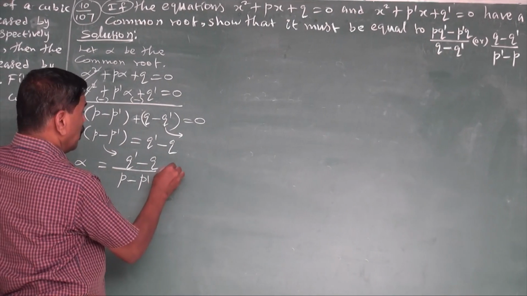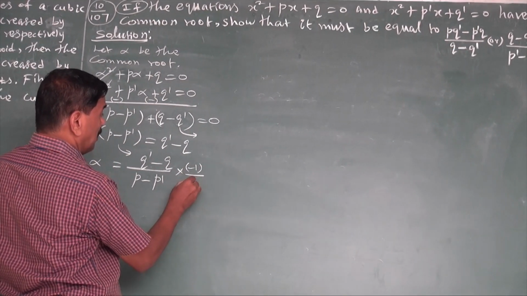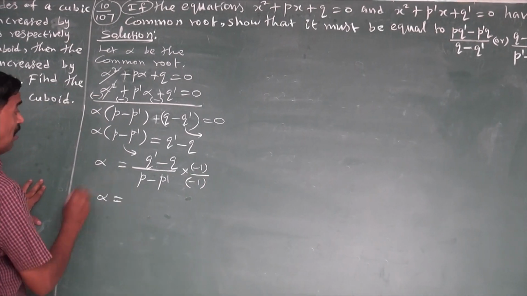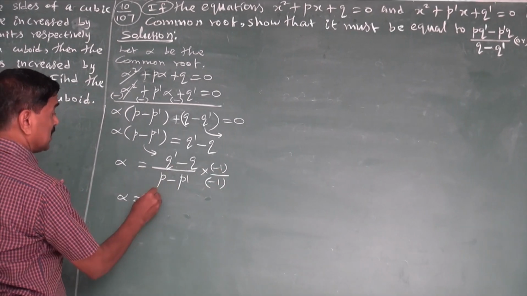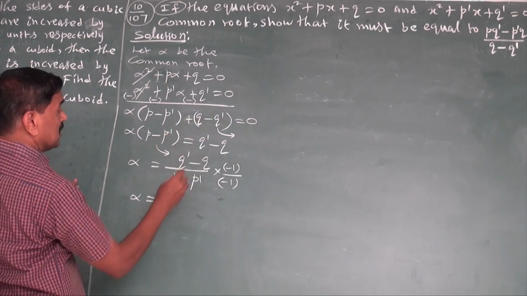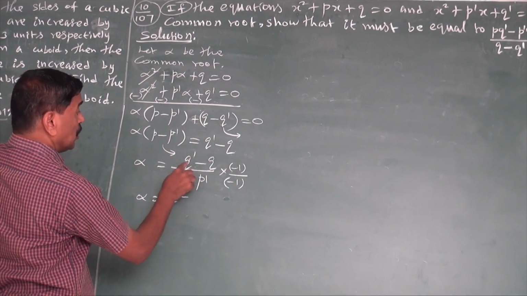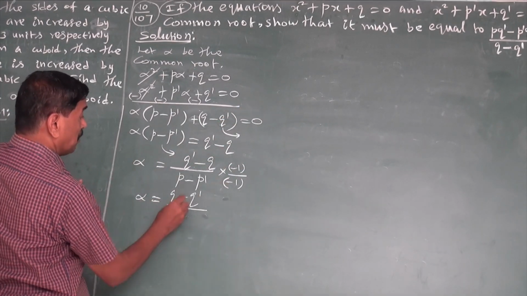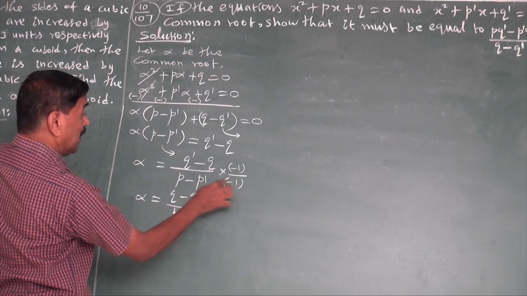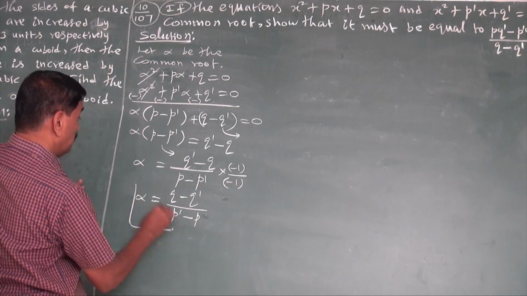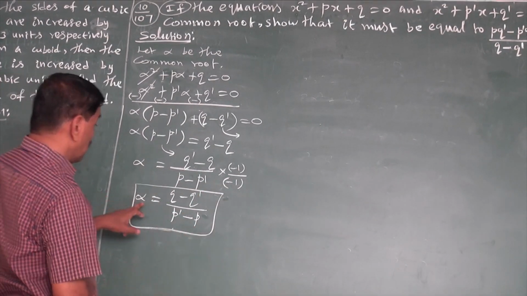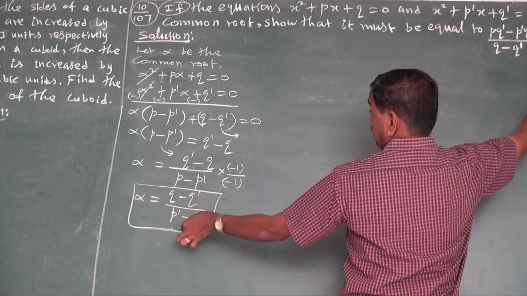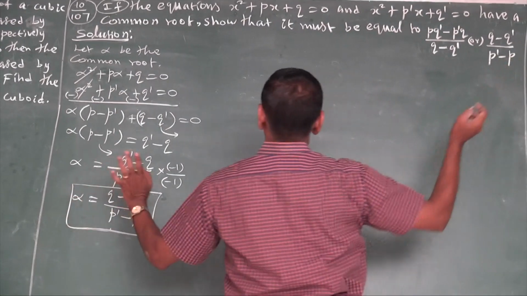Then alpha is equal to (q minus q dash) divided by (p dash minus p). Okay, the first one is ready.